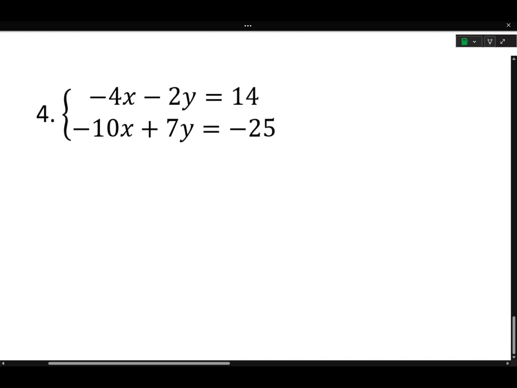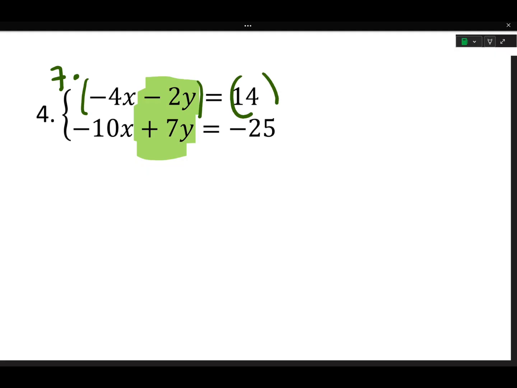Okay, in number 4, take a look. Do you see any of the variables that has one positive, one negative? The y's. Perfect. Now that I see one has a positive, one has a negative, I don't need to multiply anything by negatives. The symbols are opposite. So all I have to do is multiply the top equation by the number in front of the bottom, so 7.